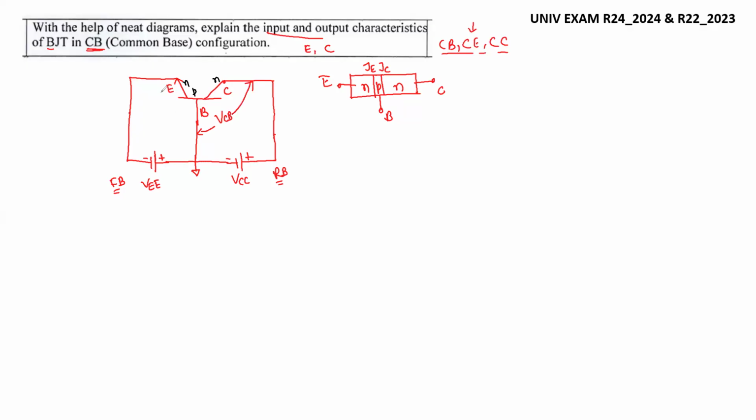Base is common. Similarly, between emitter and base, the voltage is VEB. This is the common collector.